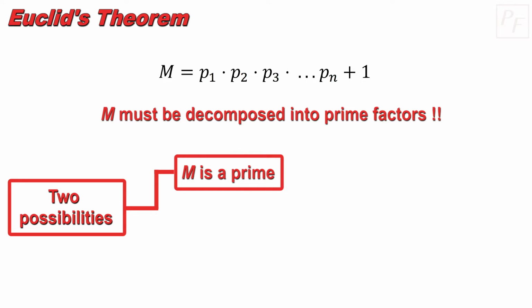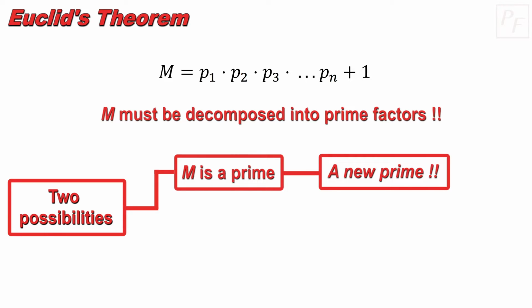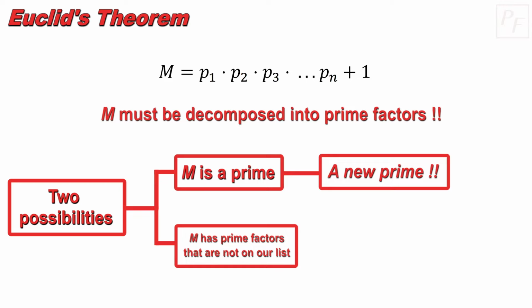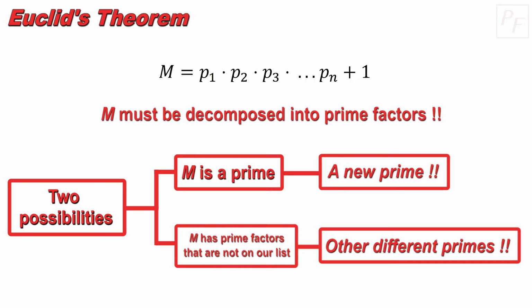But did we not say that there were no more primes than those considered at the start? It appears that we now have a new one, m. The second possibility is that m has prime factors that are not on the initial list p sub 1, p sub 2, p sub 3, etc. I mean that there are other prime numbers, new primes, who are not on the initial list.